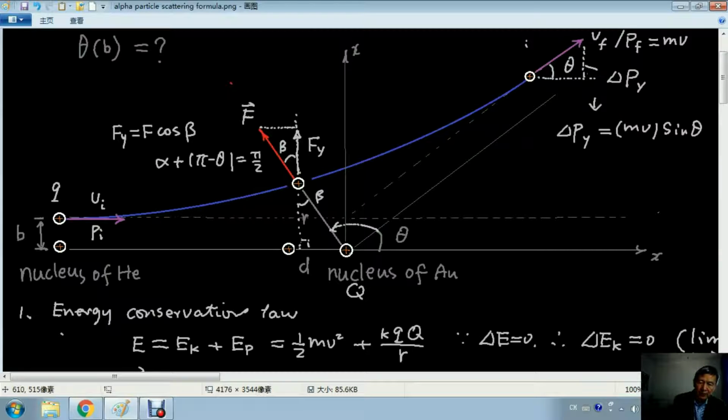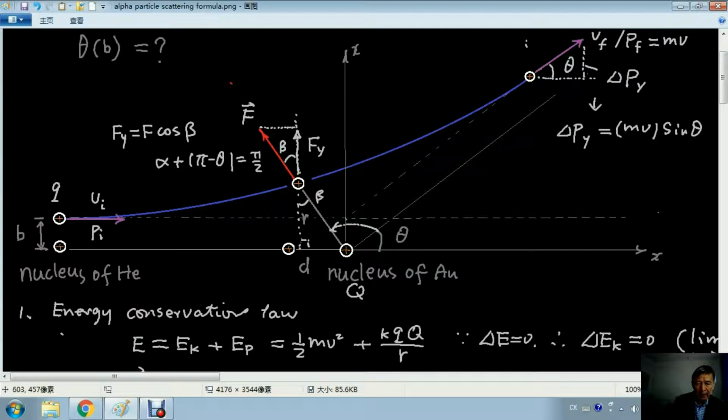First, we just consider if there's no positive charge here, the alpha particle will move along this horizontal line. When the alpha particle arrived here, it will be easier for us to determine the initial angular momentum because this b remains a constant.